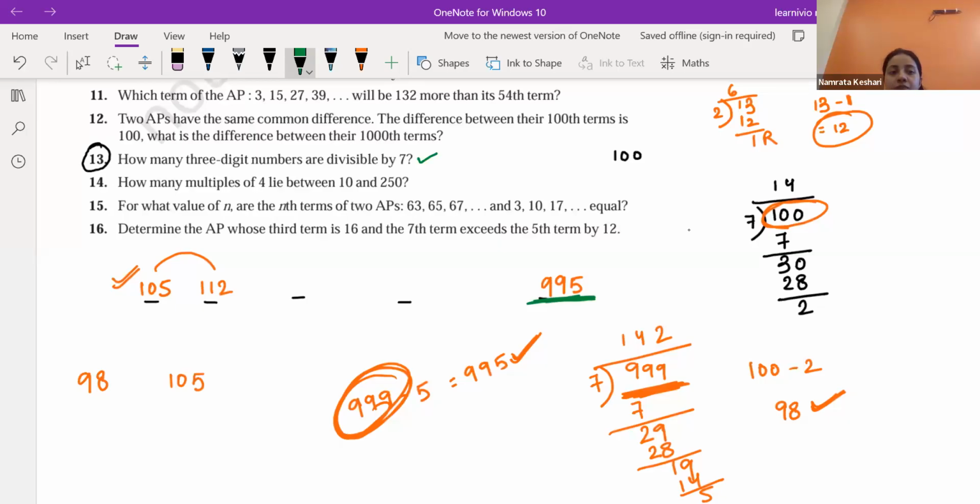But the last term, is it 994 or 995? We had 999 minus 5. Yes, it is 994. So the last term is 994.